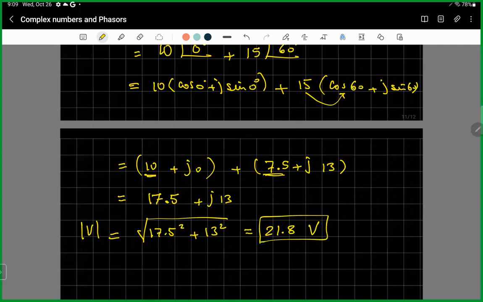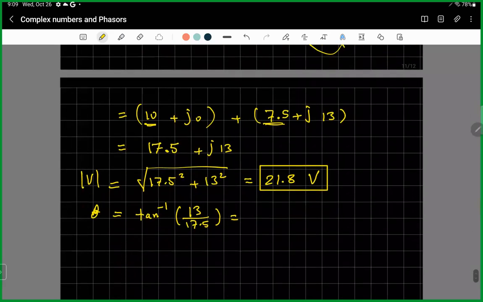I want to find the angle. How do you find the angle? Tan inverse, the imaginary over the real. So theta of the voltage will be equal to tan inverse of 13 divided by 17.5.